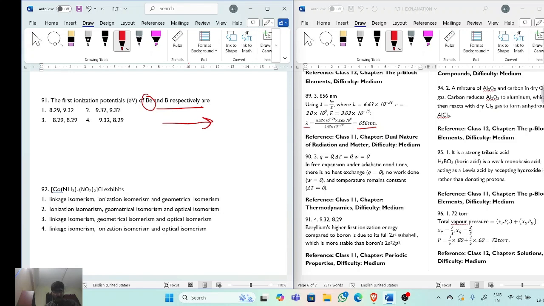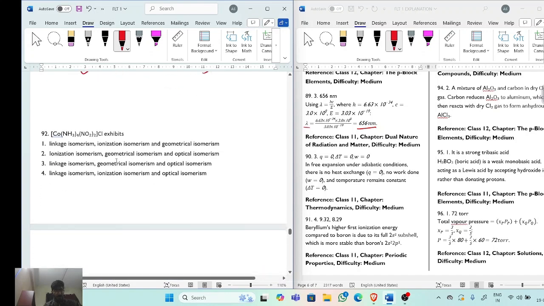So option number 1 is rejected. Option number 2 is also rejected because the value is not equal. Beryllium has the higher value. Option number 3 is also rejected. So option number 4 will be our correct answer. If you don't know the exact value, then we can eliminate the options by our common concept or the basic concepts. So option number 4 is our correct answer.